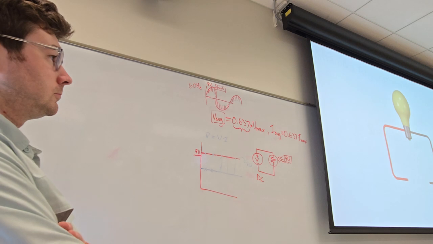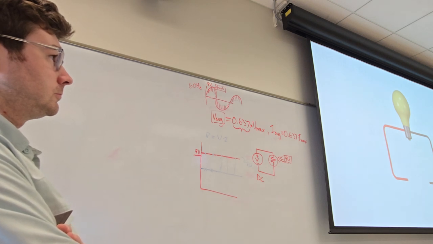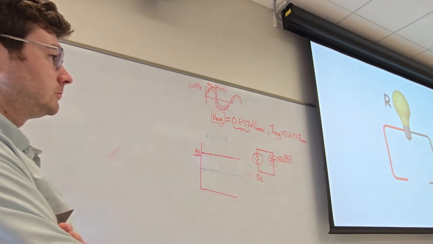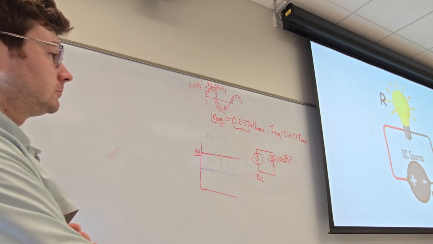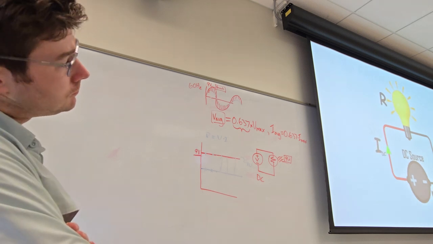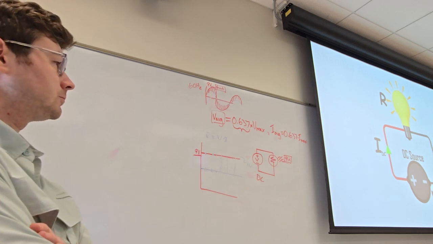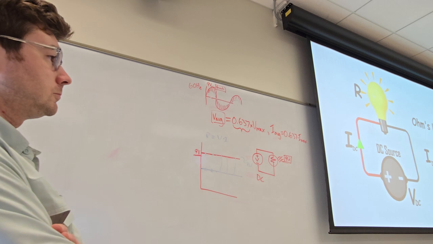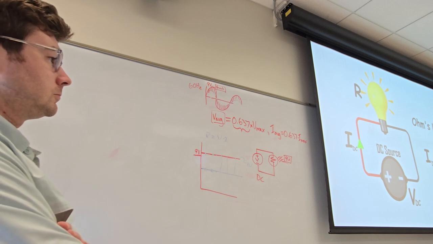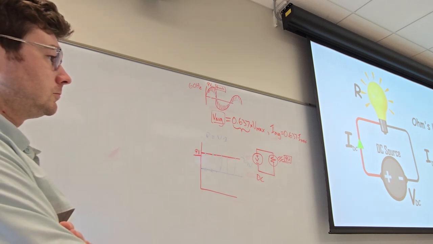Observing this basic circuit, there is a light bulb with resistance R. Once a direct current power source is connected, the bulb illuminates. To determine the current flowing through the circuit, we apply Ohm's law: current equals voltage divided by resistance. By rearranging this equation, we can compute the voltage: voltage equals current times resistance.